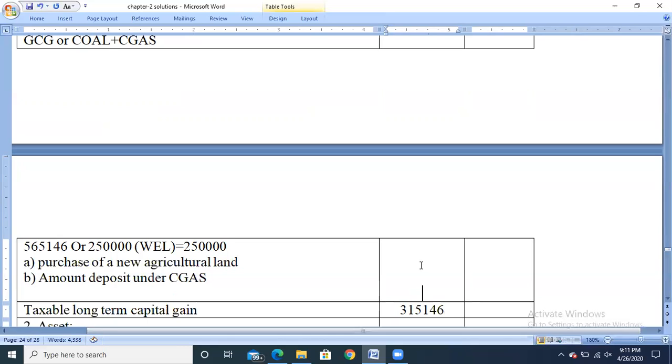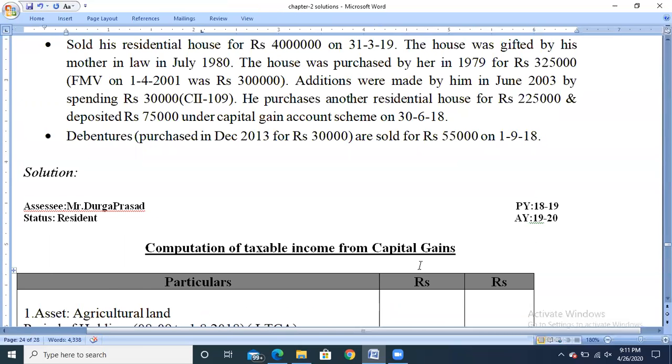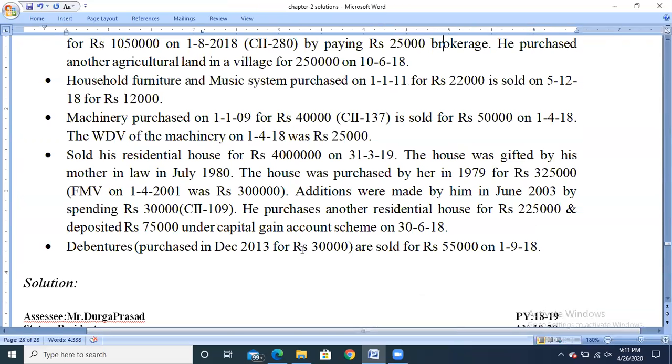Next, second asset, household furniture and music system purchased on 1/1/2011 for rupees 22,000 and sold on 3/12/2018 for rupees 12,000. But if you observe, the asset is household furniture and music system.